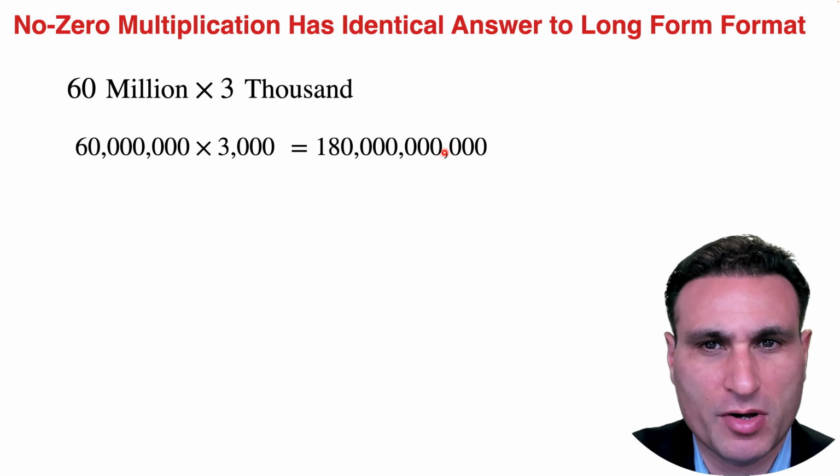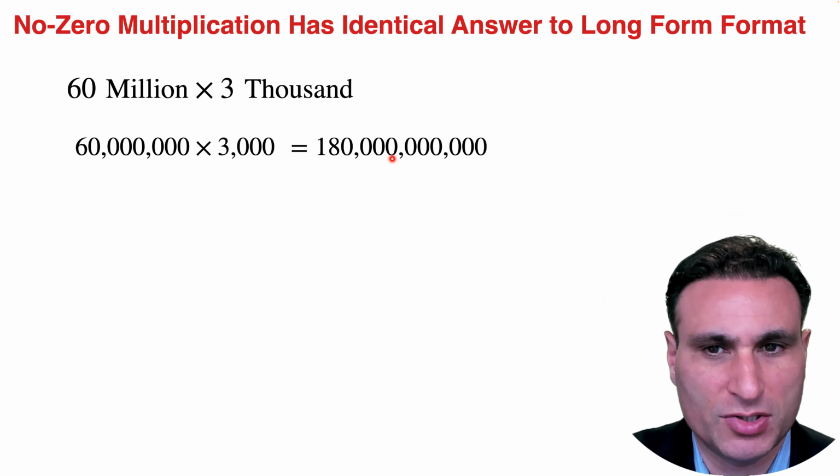We have comma separators every 3 digits, and these actually separate the units of magnitude. The first 3 digits are ones, tens, and hundreds, and each group of 3 digits afterwards, moving from right to left, represents ones, tens, and hundreds for a given unit of magnitude, like thousand, million, and billion. These next 3 digits are ones, tens, and hundreds of thousands.